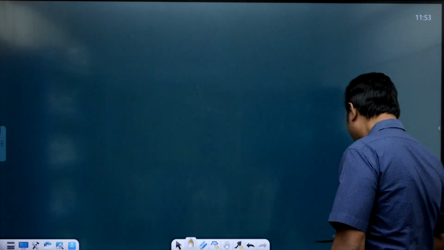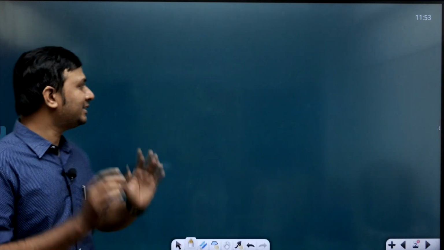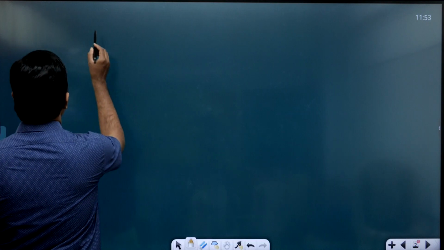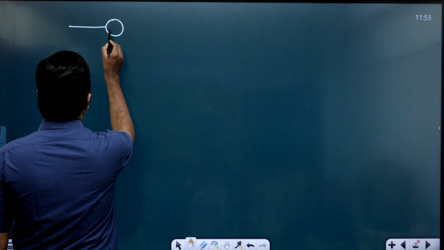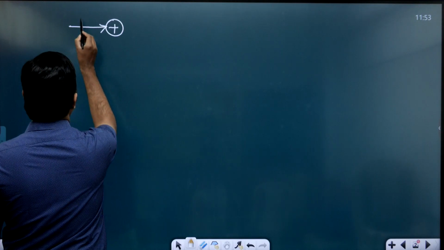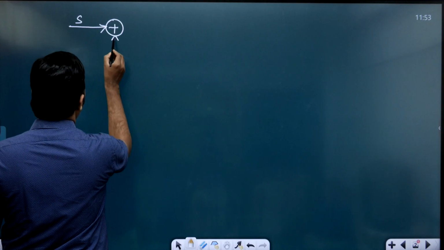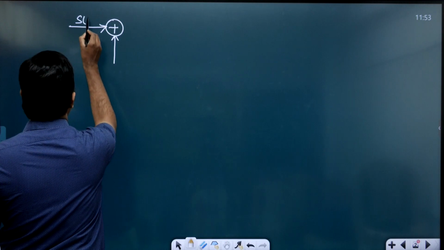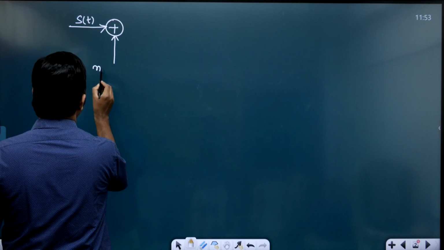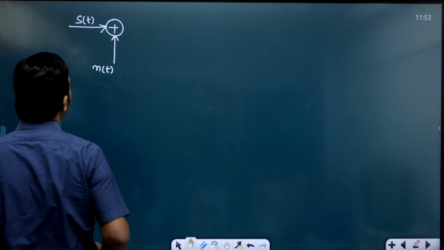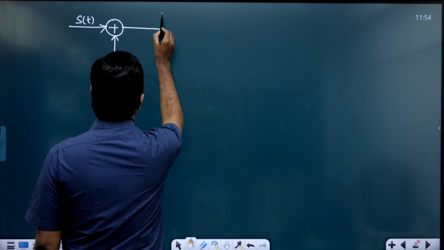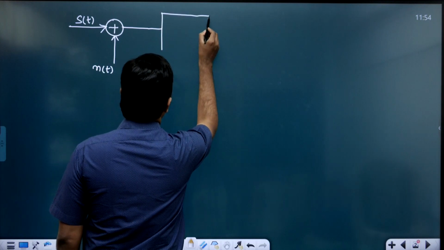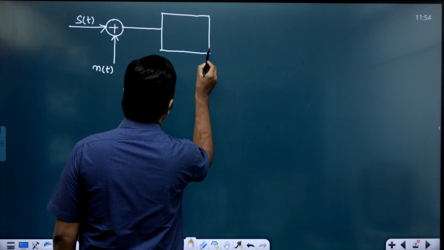So we can draw the matched filter like this. In the receiver we get the signal, and noise is also added. Before the sampler I am going to include the block called matched filter.